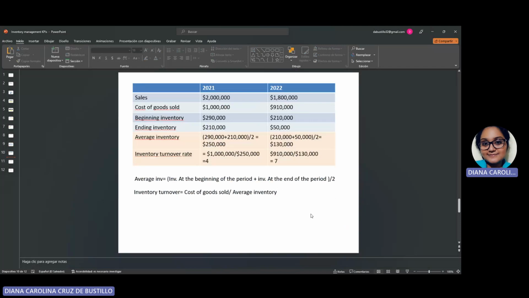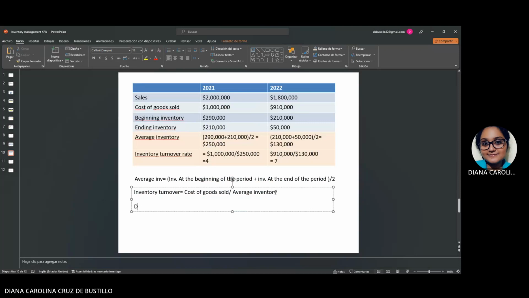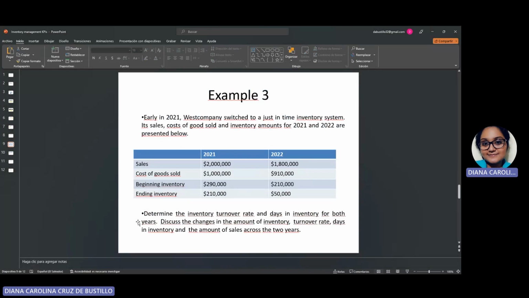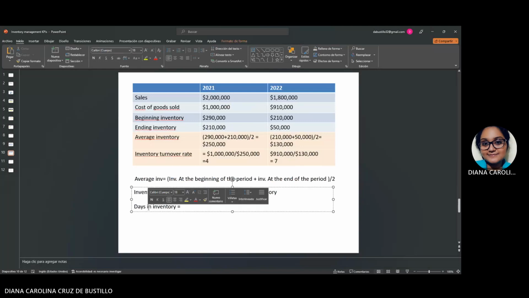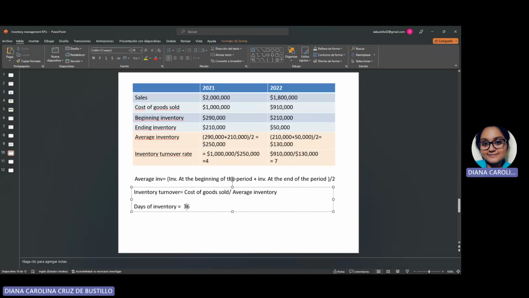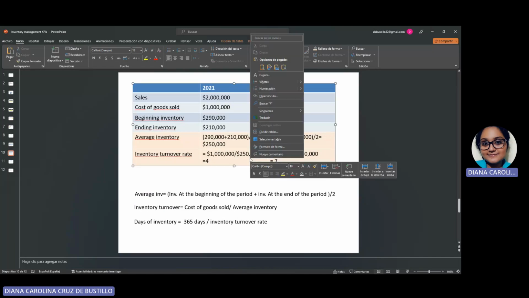Okay, so days in inventory. Days of inventory would be 365 days in a year divided by that inventory turnover rate. Okay? So here we have all this information. Let's just add one row.